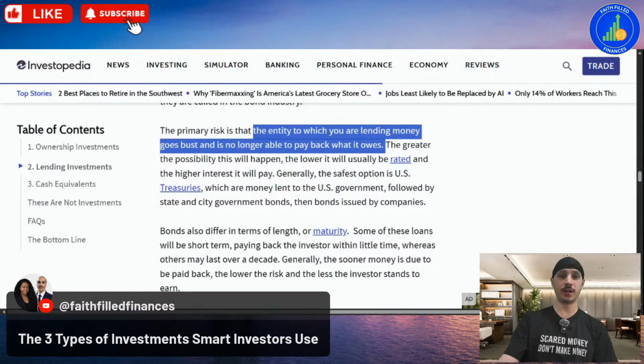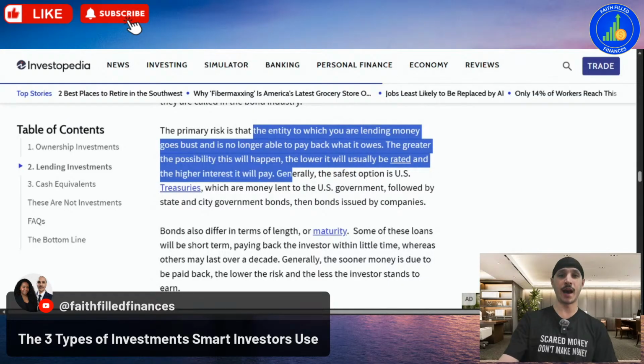The greater the possibility that this will happen, the lower it will usually be rated and the higher the interest it will pay. That's a repeater. The greater the possibility that they will fall apart, the lower it will usually be rated and the higher the interest it will pay.